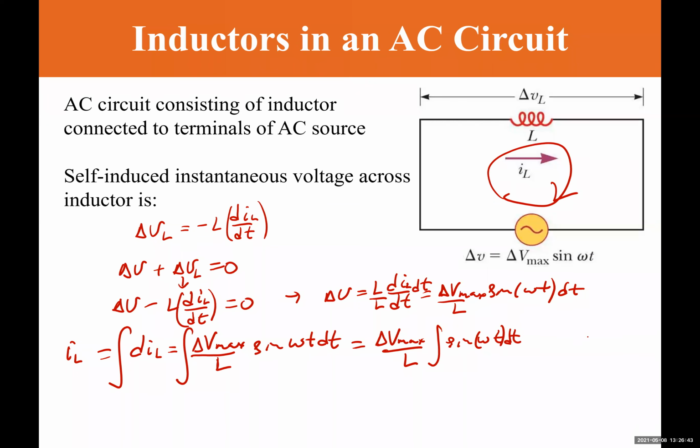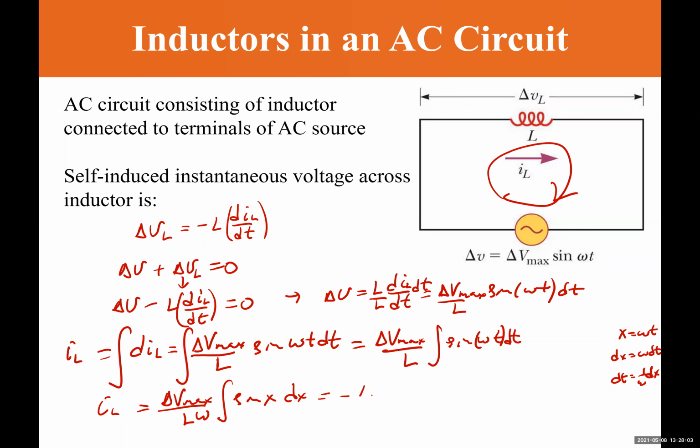This is a relatively straightforward integration using substitution. We take x equals omega t, then dx equals omega dt, so dt equals 1 over omega dx. Making the substitution, I_L equals delta V max over L, times the integral of sine of x, with 1 over omega, dx. The integral of sine of x is negative cosine x.